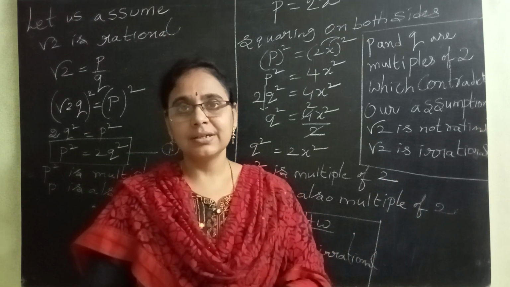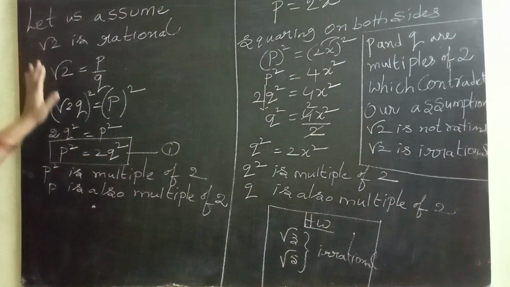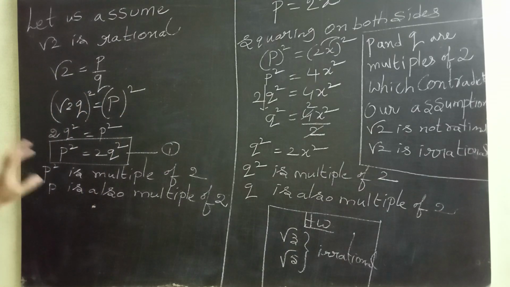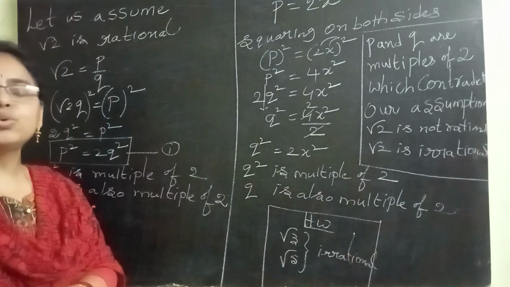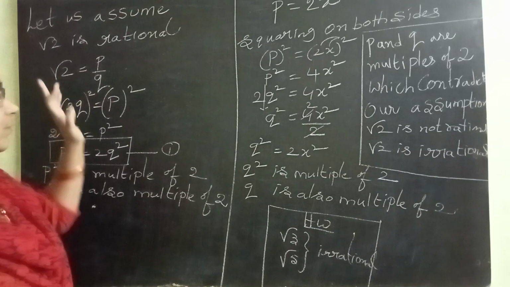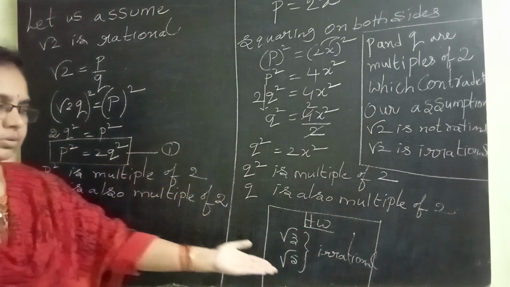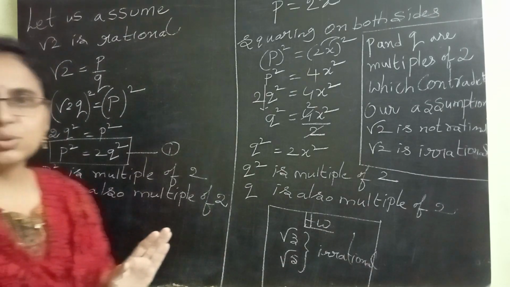Did you understand? Like this you have to try. First, by seeing this one, you can write root 2 is irrational. Basing on this, you will try root 3 is irrational and root 5 is irrational. Just instead of 2, substitute 3. Instead of 2, keep it as 5. That's all. You will get the solution.